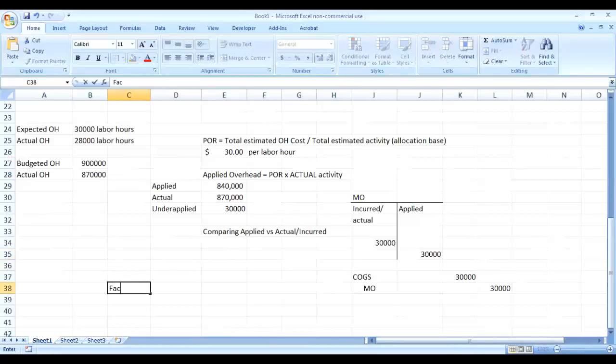We're hitting factory labor with debits every time we incur new labor cost, but I need to make sure I'm applying or assigning that labor cost to work in process every period.